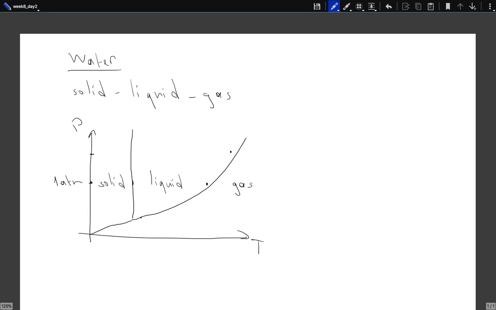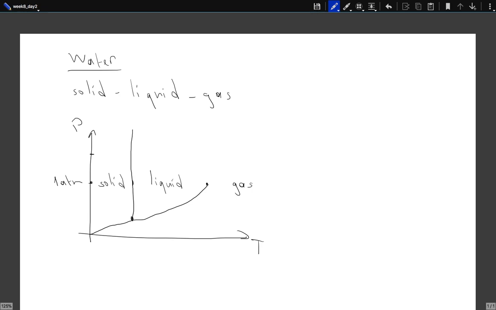Now we will study these lines in a bit more detail. So do they go up, do they go down, do they terminate? Well, let me erase this one. Now, for example, what is a differentiating property of the liquid and the gas?